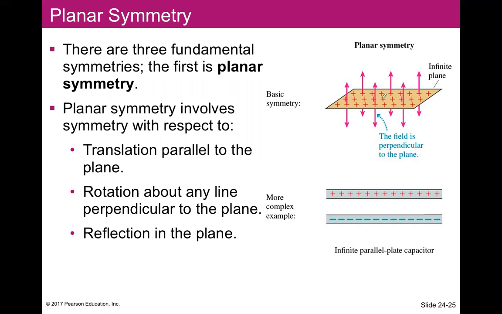And also, if you make a cut at any line or any surface which is perpendicular to your plane, and then do a reflection, you should get exactly the same thing before and after the reflection. And also when you do a rotation, this is your plane. If you choose one axis and rotate the plane about it, you should have exactly the same electric field.